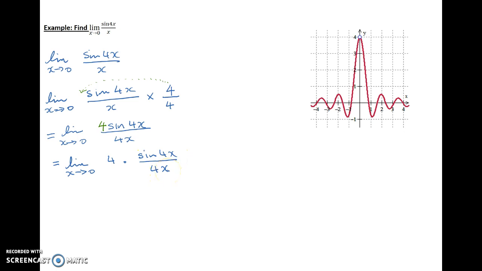Now, one of the things hopefully you learned about limits last year is that if you're multiplying an expression by a constant, in this case the 4, we can bring the 4 outside the limit sign. So we're going to take this 4 here, and move it outside the limit sign. So we're going to have 4 times the limit as x approaches 0 of the sine of 4x over 4x.